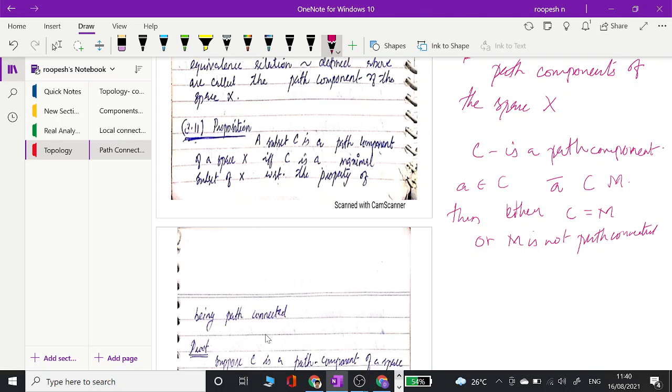That means if M is path connected, M should be equal to C, because C is the maximal one. As we define components as maximal connected sets, here also, with respect to the property of being path connected, this C should be maximal.